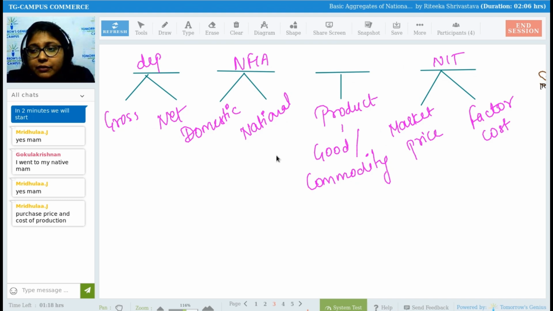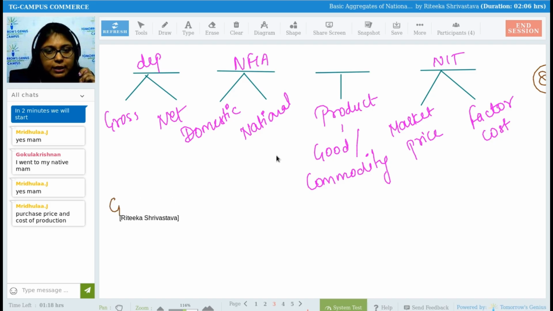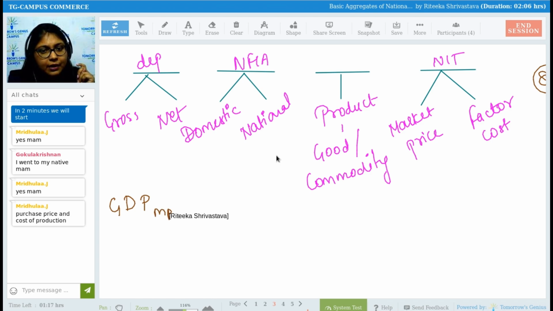So here, as I said, we will get 8 aggregates. Let us find out those aggregates. What we will do is we will take the initial of the first term from each line. From this line, the first term is Gross, so let me write G. From this line it is Domestic, so let me write D. From this line, there is only one word, so I will write it as it is, P. From the last line, the first word is MP, so add MP.